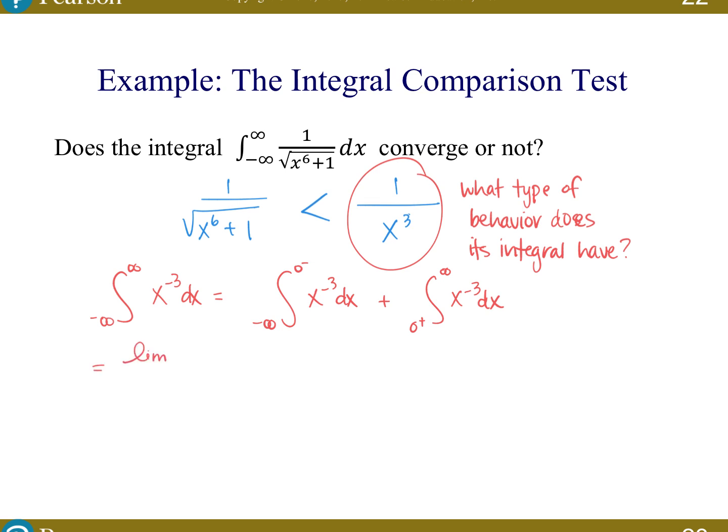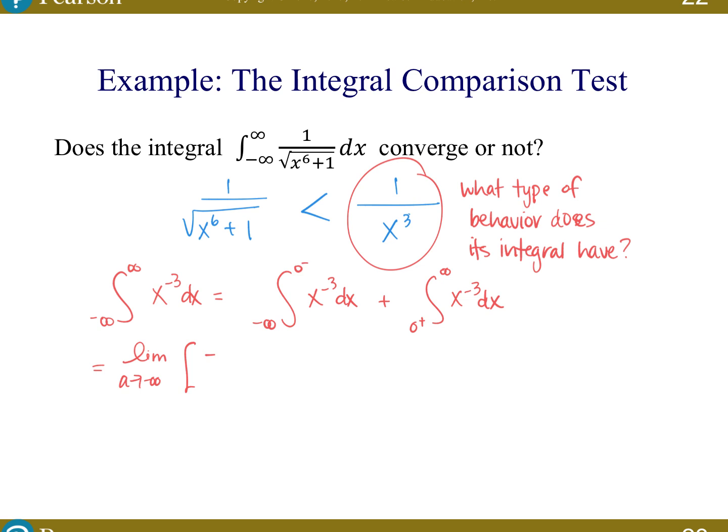All right, I'll replace my limits. My limit as a approaches negative infinity. So a is going to 0 negative. In fact, I'm going to just jump right to the antiderivative here.